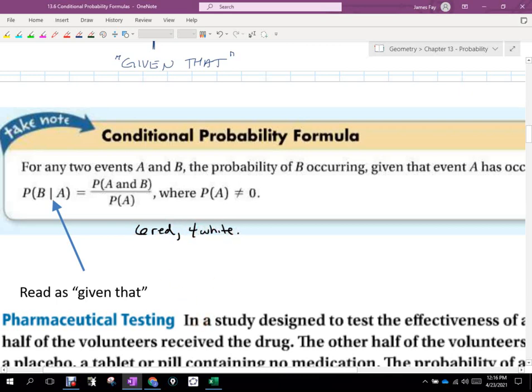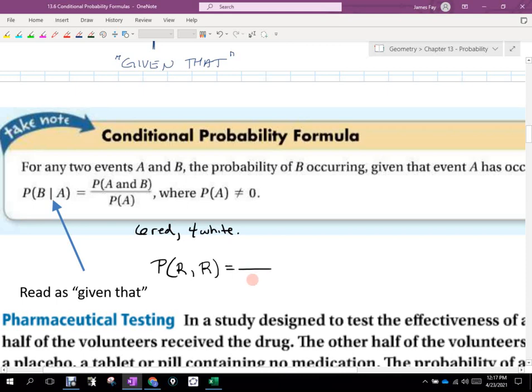I'm going to pick out one red marble and keep it, and then on the second pull, I get a red marble. So I'm looking for a red marble followed by a red marble. Does that make sense?